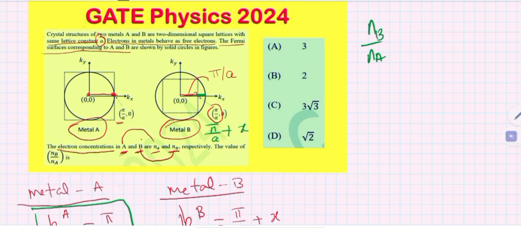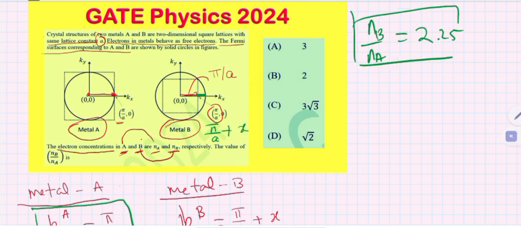NB by NA is approximately 2, or 2.25. If you look at the four options, the second one is the right answer.